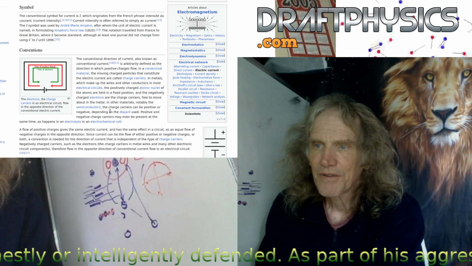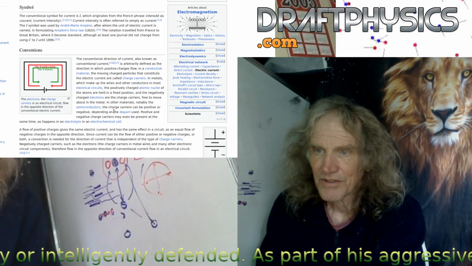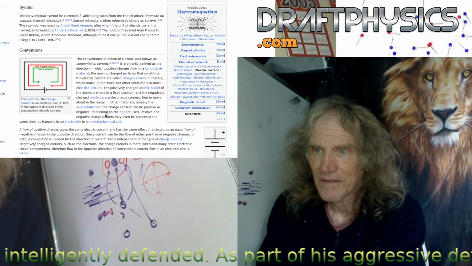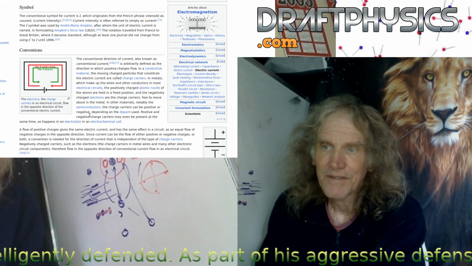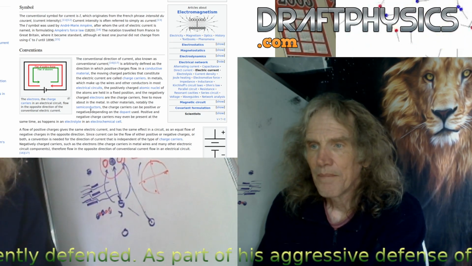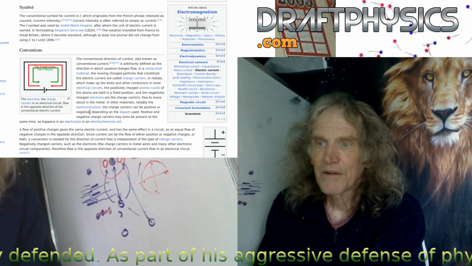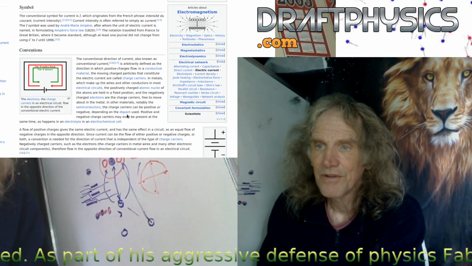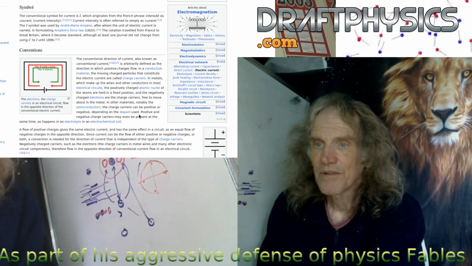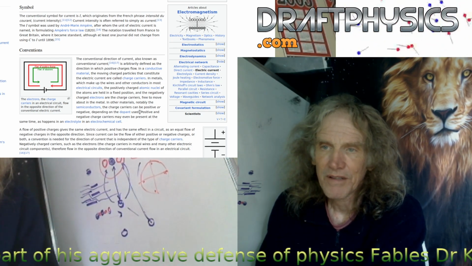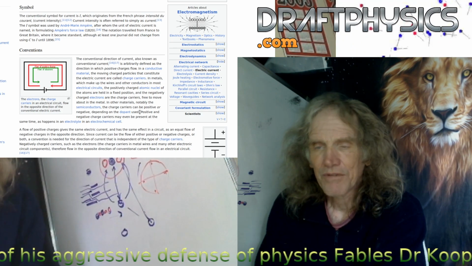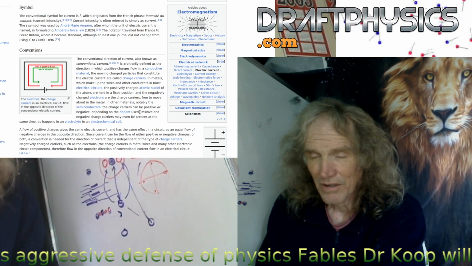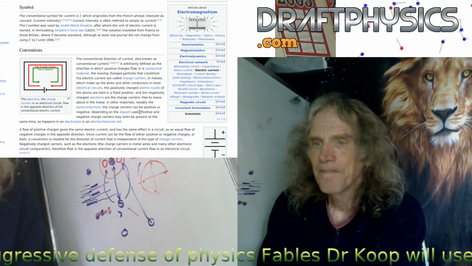In other materials, notably semiconductors, the charge carrier can be positive or negative. So it's obviously there's no nuclear portions moving, depending on the dopant used. So again, they're still just talking about a relative difference in its amount of electrons. So less electrons versus more electrons.